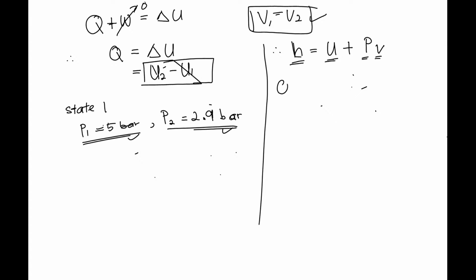So I can say as well Q is equal to, in terms of specific per mass, specific internal energy 2 minus specific internal energy 1. Can I say that? No, I can't, because if I say this in this relation, it means these two have changed. So what I'm going to do now is erase this part.